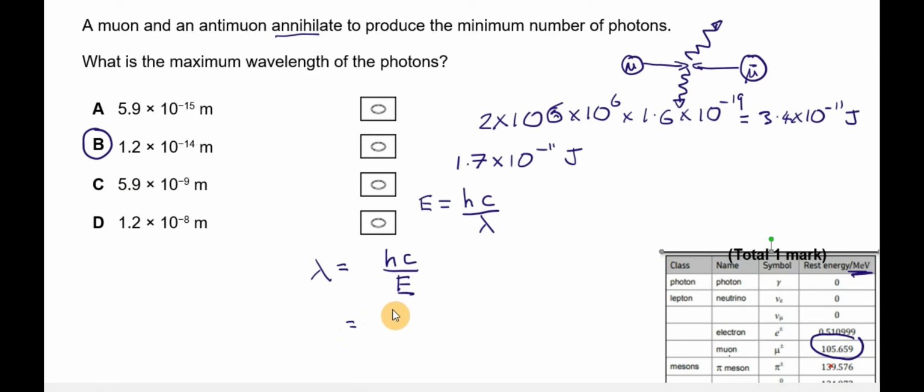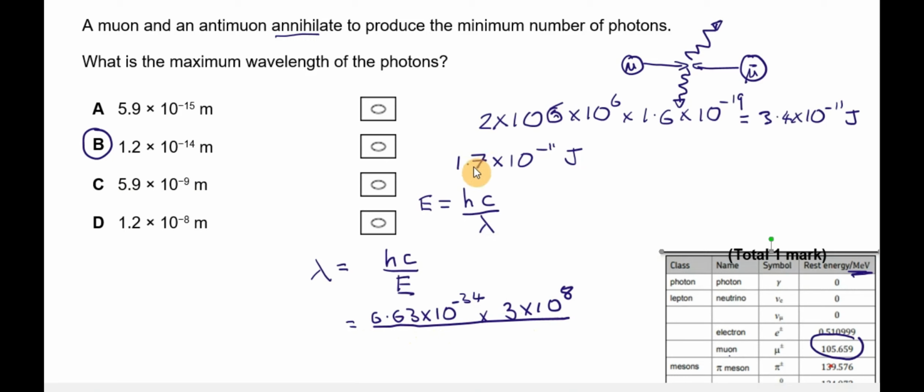We put some numbers in. Planck constant you get from your data sheet again, 6.63 times 10 to the minus 34. Speed of light, it is on your data sheet if you can't remember it, 3 times 10 to the 8 meters per second.